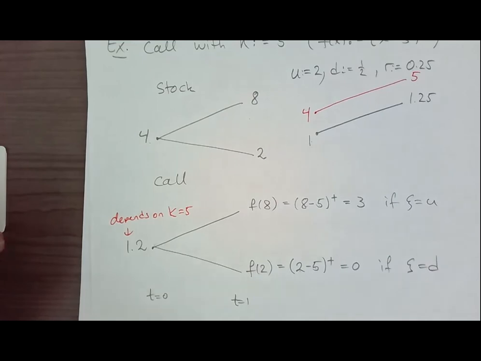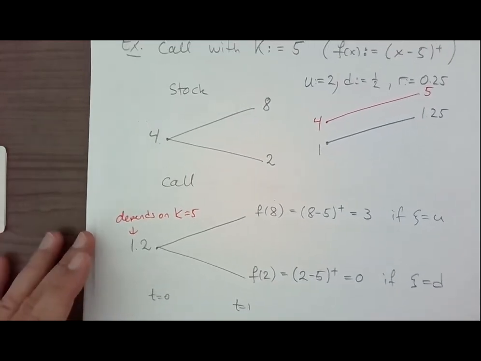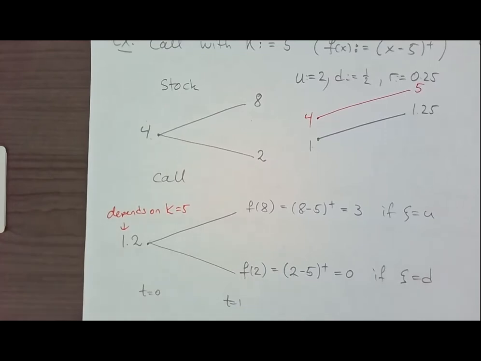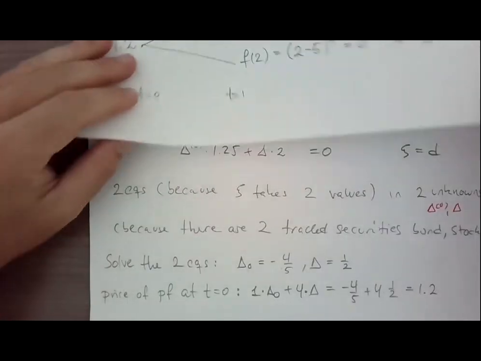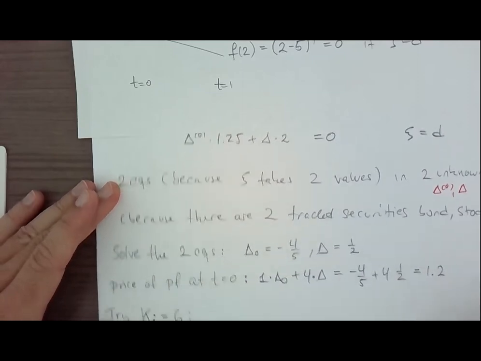In particular, I could try to change it to 6. If I were to change it to 6, then what would happen? If instead of K equal to 5, I do K equal to 6, how would it change?